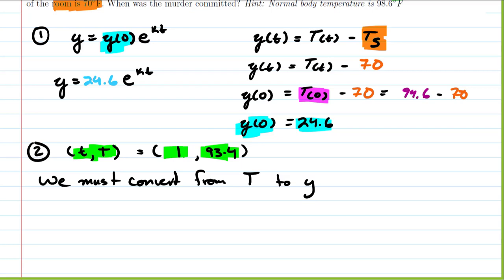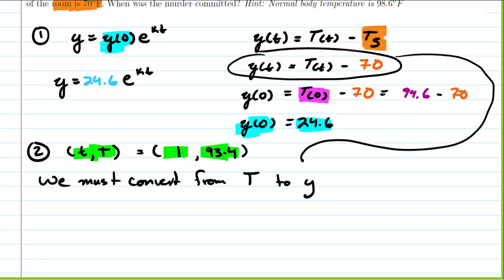Well, luckily, we have an equation that is going to help us do that, right? So we know that when little t is 1, big T is 93.4. So y of 1 is going to be equal to T of 1, take away 70.